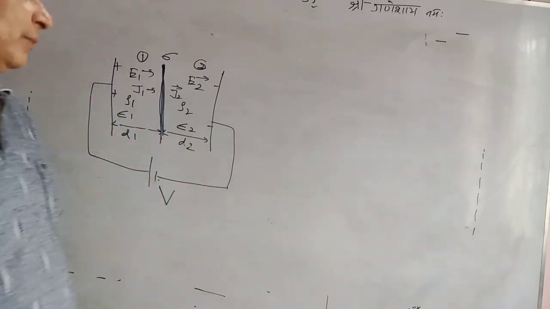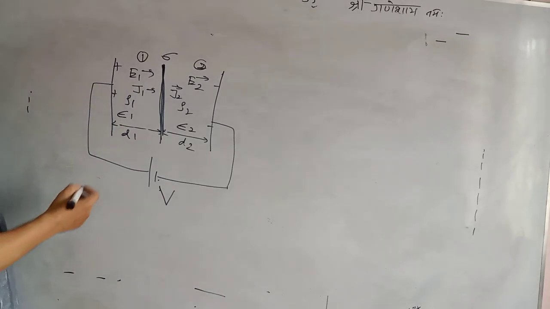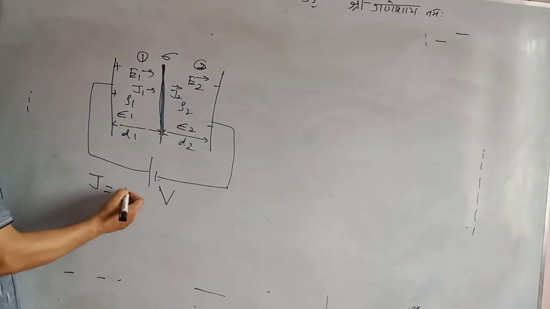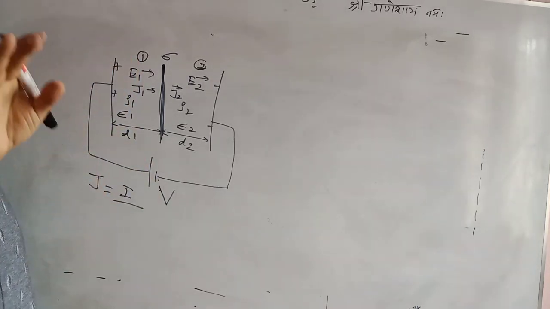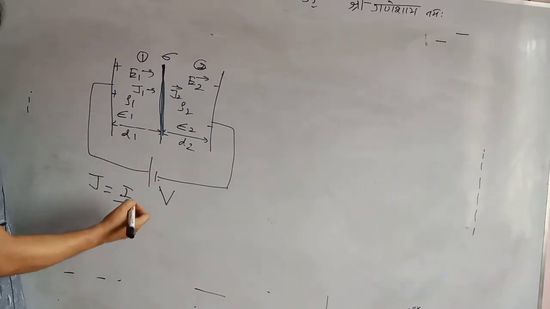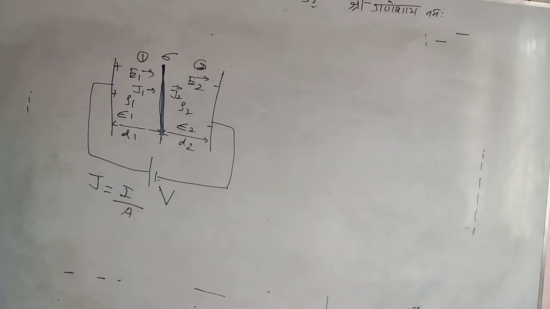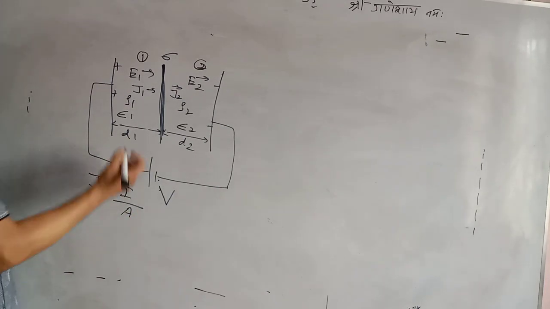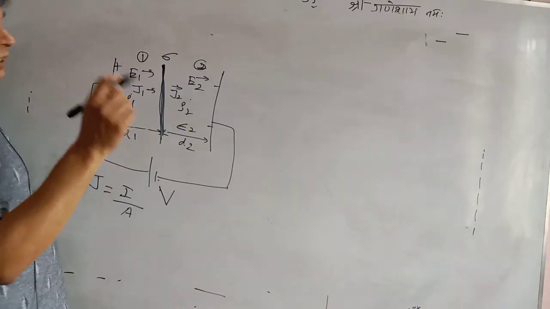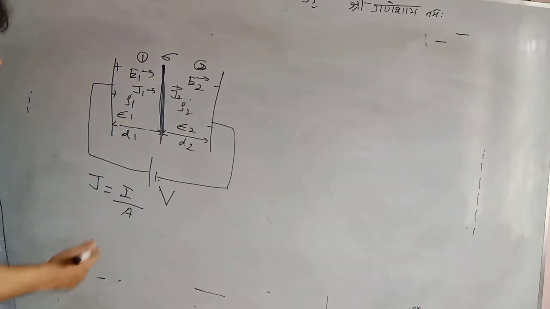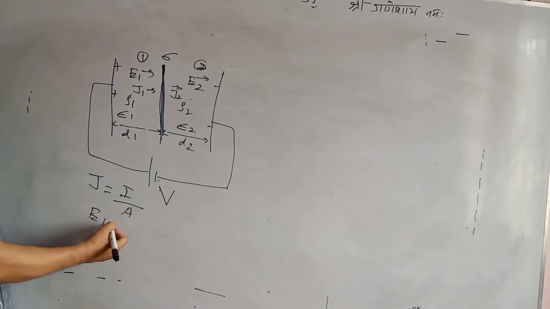If V is connected here, we can write J equals current I by the cross sectional area. Suppose that is A, not given, but I'm assuming A. So J is I by A, and you all know I will be the same in the first and second. So current density J will be equal for both, and E equals ρJ.